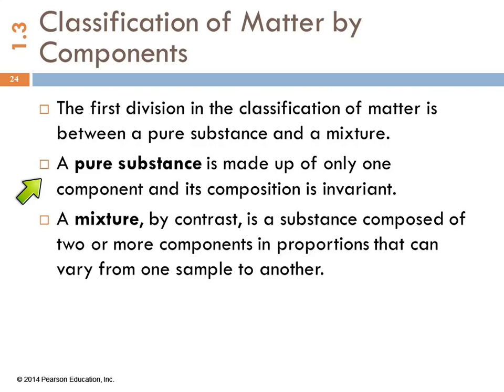In a pure substance, there's only one component. All the particles are the same. The composition is invariant. It's always the same. In a mixture, you have 2 or more different kinds of particles, and the amount of one versus the other is changeable, and that's a mixture.